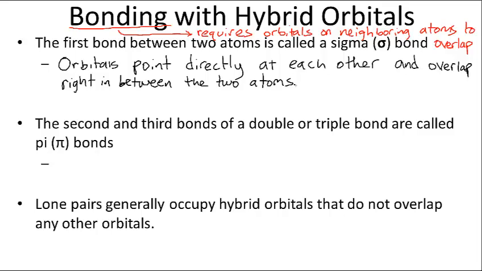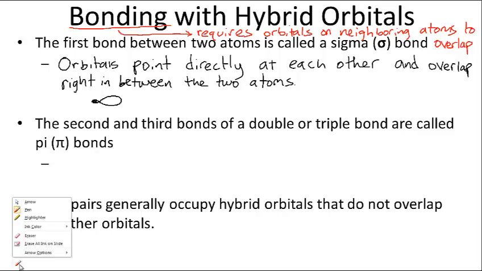In the second scenario, there's a different way that they overlap. For example, if I have two hybrid orbitals, they could point directly at each other. Hybrid orbitals have a shape with one big lobe and a tiny little lobe, so they really point in one direction. A sigma bond would be made between one orbital, I'll draw in black, and one orbital I'll draw in red, on two neighboring atoms, and they'd point at each other and overlap.